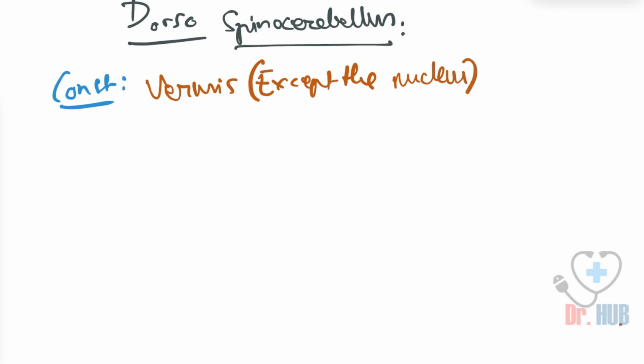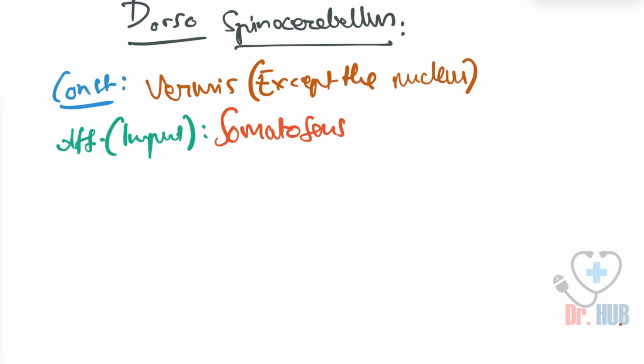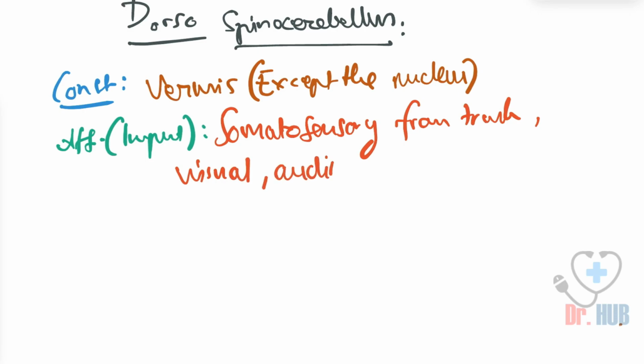Then we move on to the afferent. Afferent is nothing but the input. This includes the somatosensory input from the trunk, the visual, auditory, as well as the vestibular.